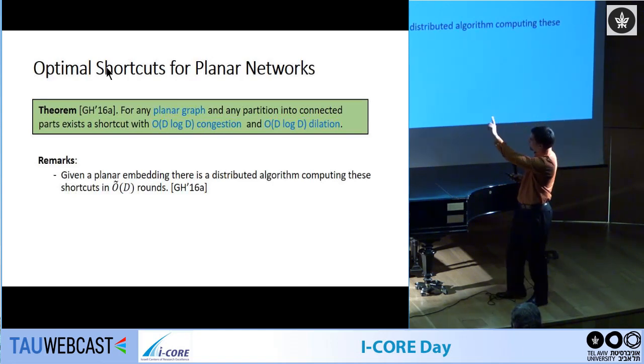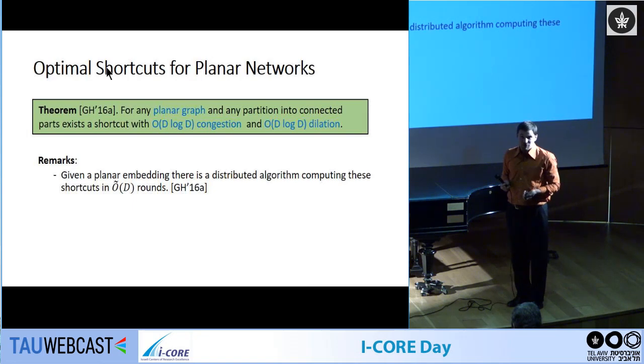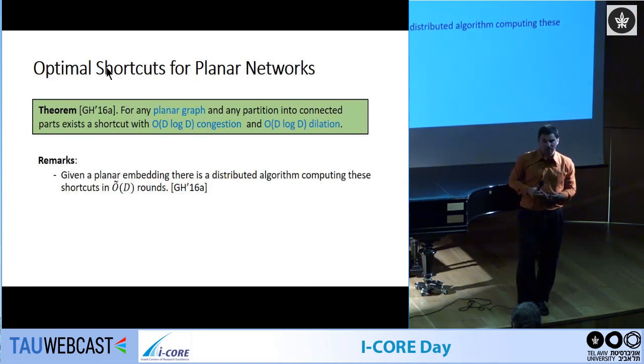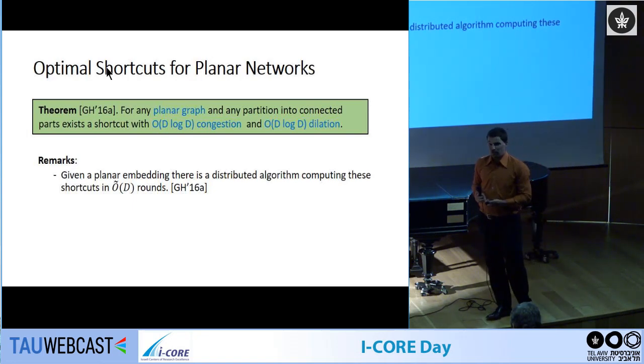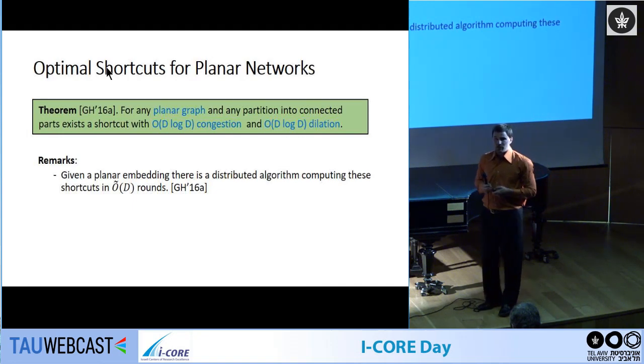Okay, there are two things. A, these shortcuts exist. That's important. B, in order to be useful for us, we need to be able to compute them, and we need to be able to compute them fast. So if these shortcuts exist, and if you have a planar embedding, then there exists an algorithm that computes these in order d time. So that's great.